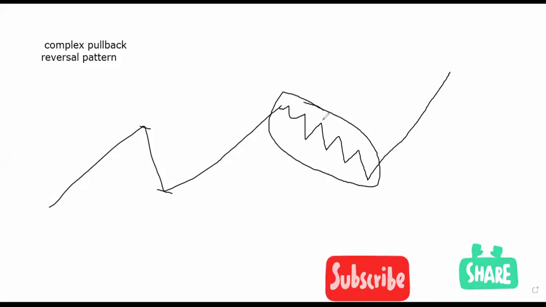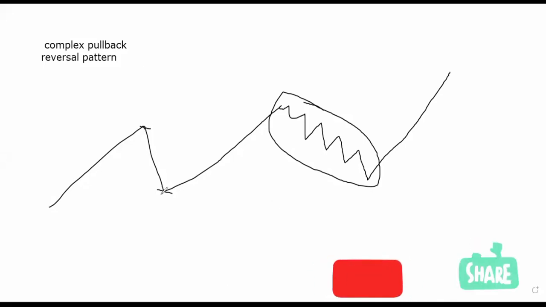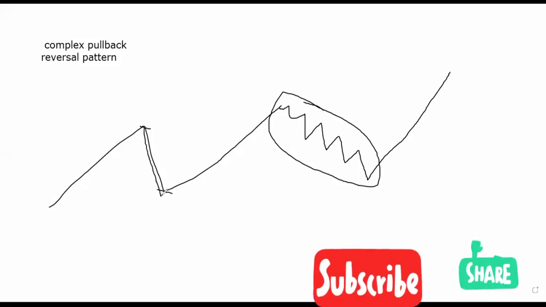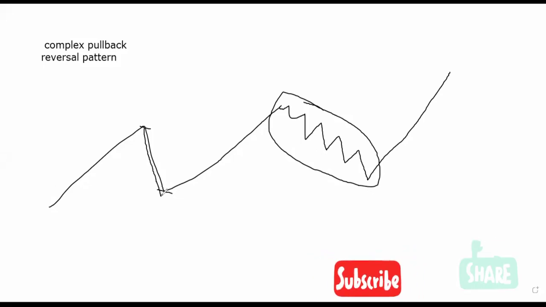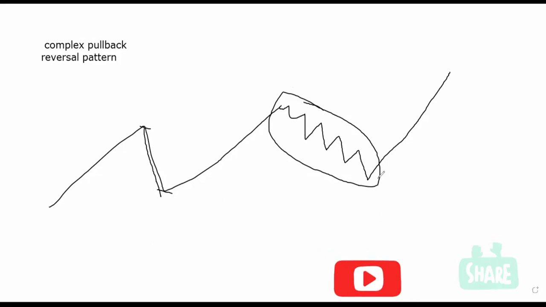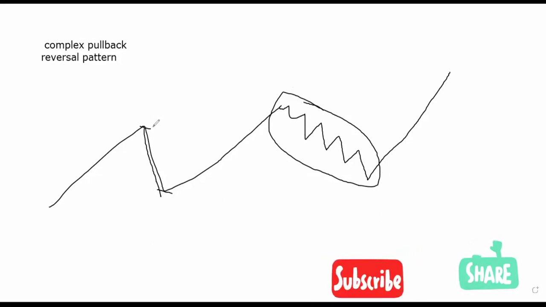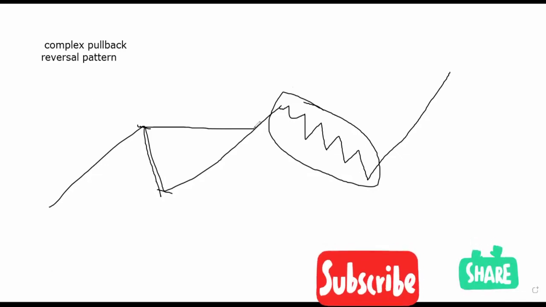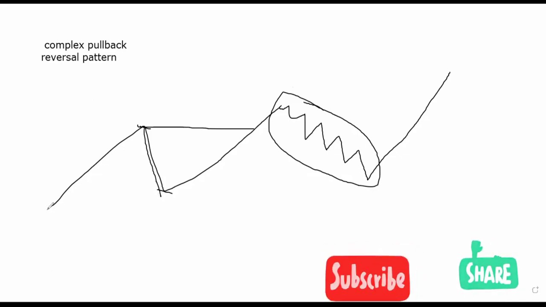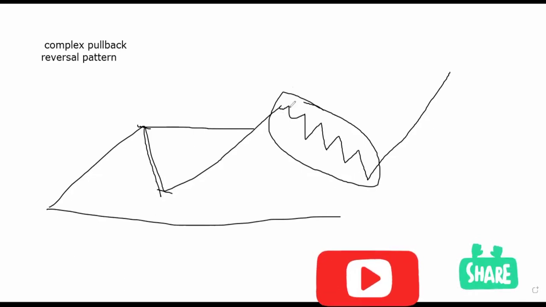This here is what we call our complex pullback, right? And usually you get this on your 1 hour time frame and your 4 hours time frame. Remember this, our swing high is going to be our daily time frame. So this complex pullback you find on the lower time frame. That's why when some of you send your chart, I always need to mark out your range. This is your range, and you have the complex pullback like this.